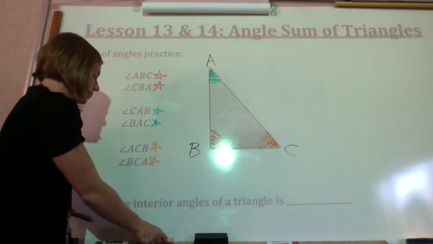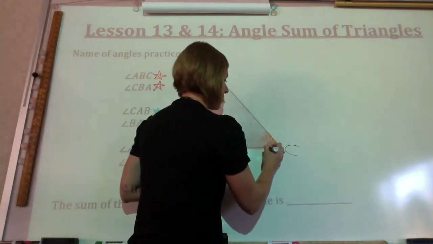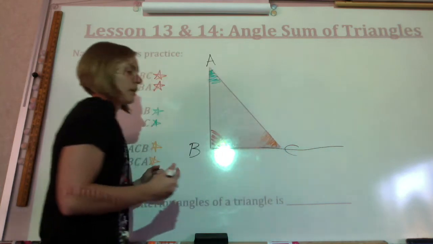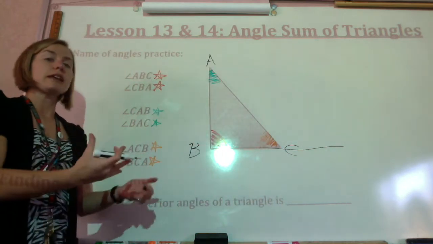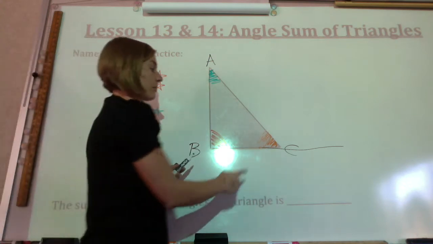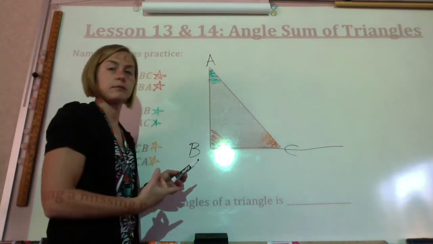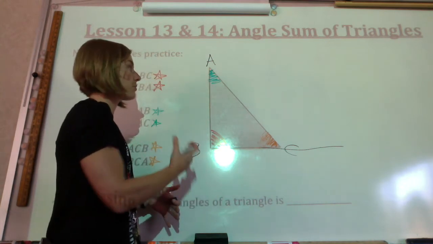As an example, you do not need to write this down, but what if there was a line coming off here? And I wanted to say, what's the measure of angle C? Well, am I talking about this interior one or this exterior one? That's one of the reasons why we want to do all three letters.